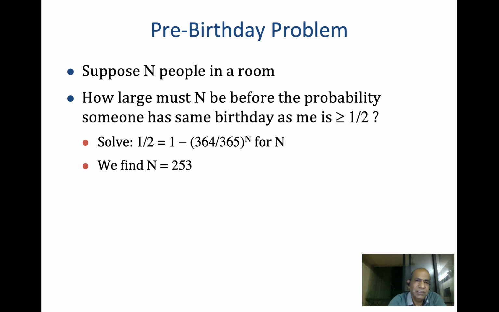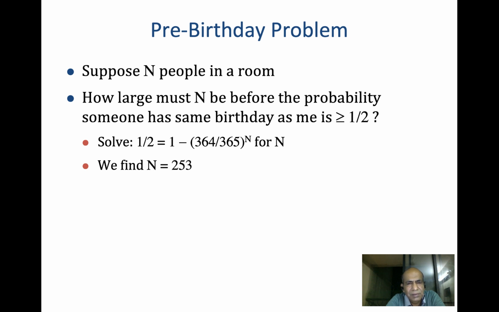Okay. Now let's look at some analogy. How large should n be before the probability that someone has the same birthday as me is greater than half? We can easily solve this problem. Say my birthday is on 1st January. The probability that one of you will not have a birthday on 1st January is 364 by 365.